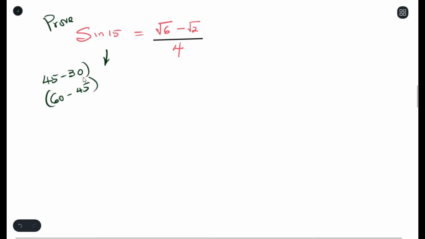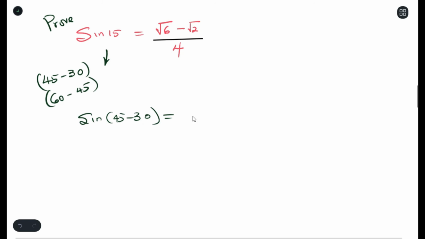If you're wondering why I am choosing special angles, it's because if I choose any other values that create 15, it will be difficult to answer this question without a calculator. But with special angles, like we talked about in previous lessons, we don't need a calculator to simplify questions like this. So I'm going to rewrite this as sine (45 minus 30).